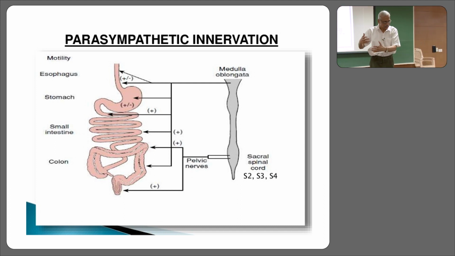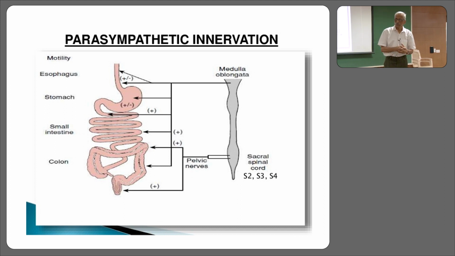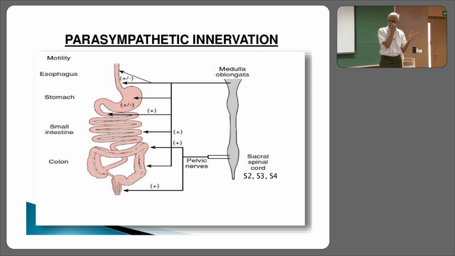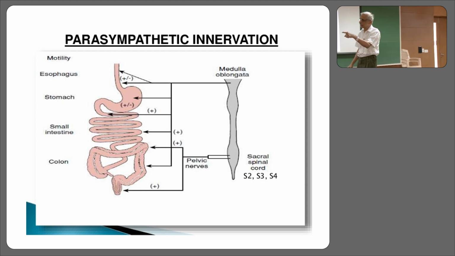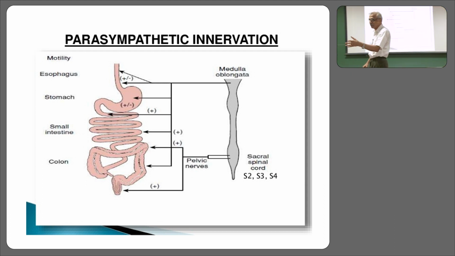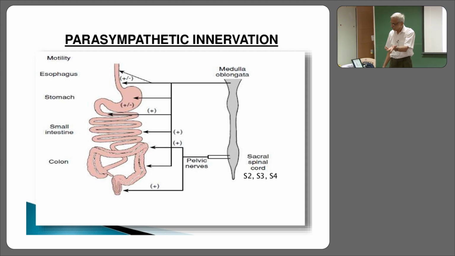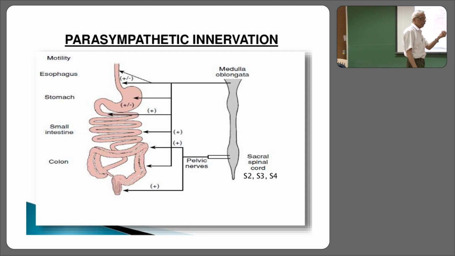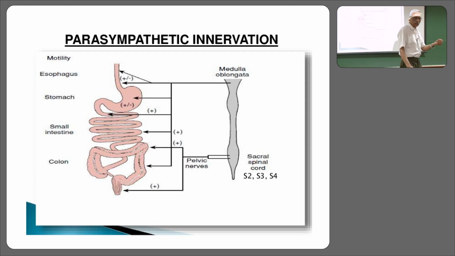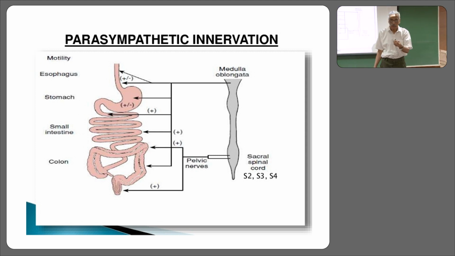It is generally excitatory, and not only does it excite the smooth muscles, it also excites the various glands, because you will need to secrete juices containing enzymes. So, it is not only the smooth muscles, but also the glands.